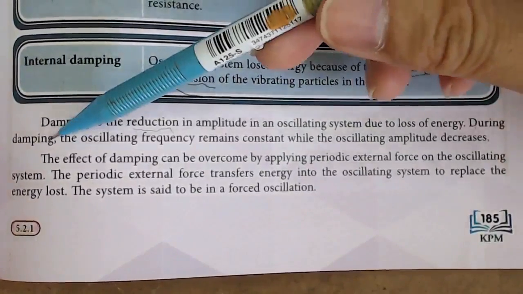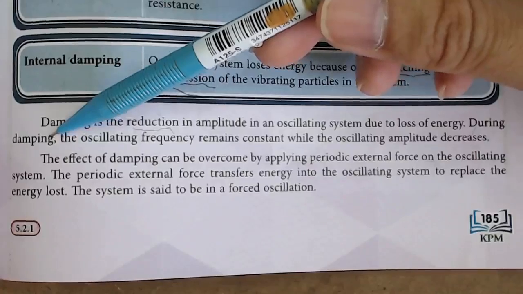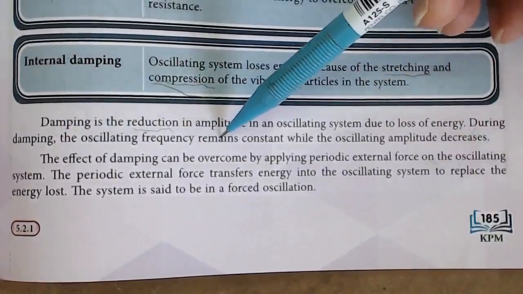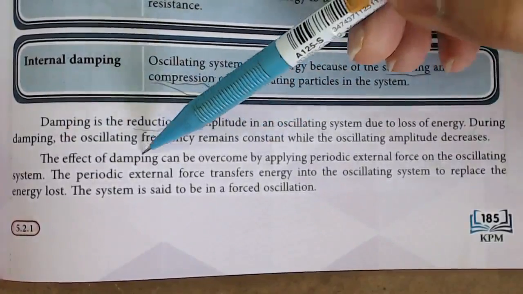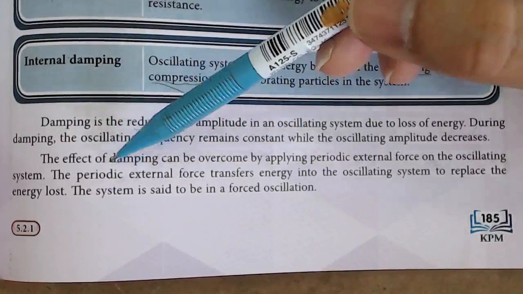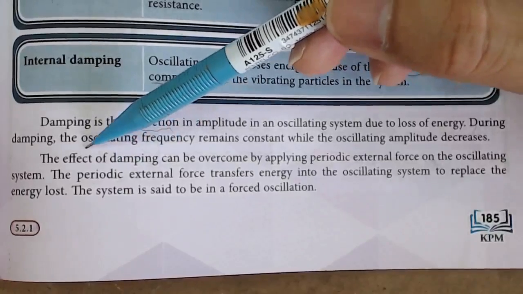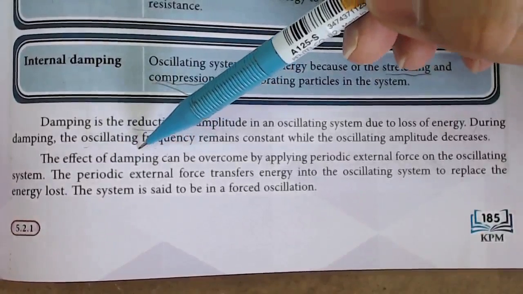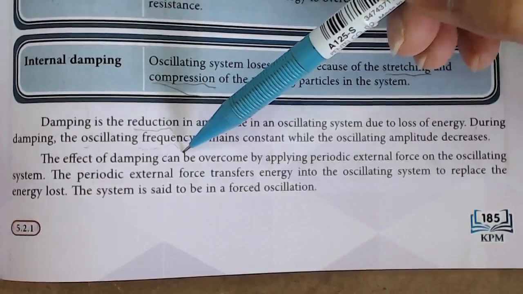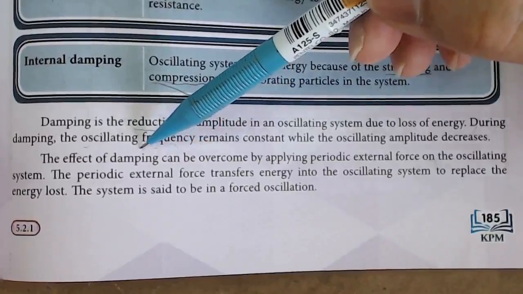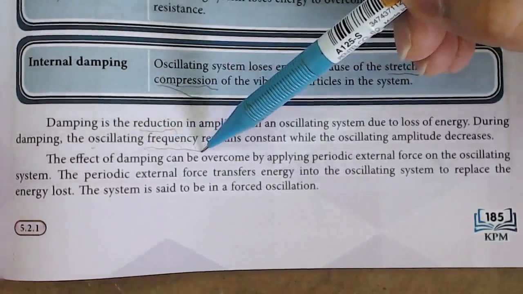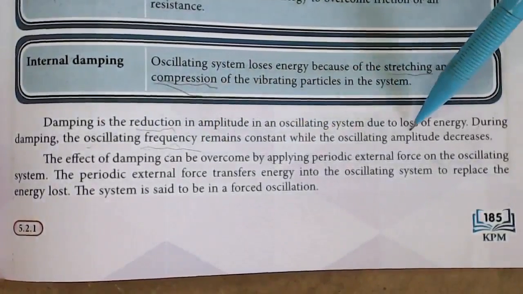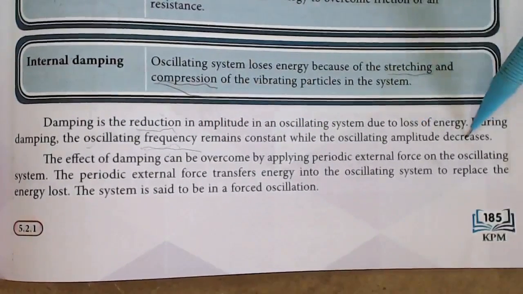During damping, the oscillating frequency remains constant. So you see, there are things that change, there are things that don't change. Frequency doesn't change. The time to oscillate doesn't change. It remains constant while the oscillating amplitude decreases.